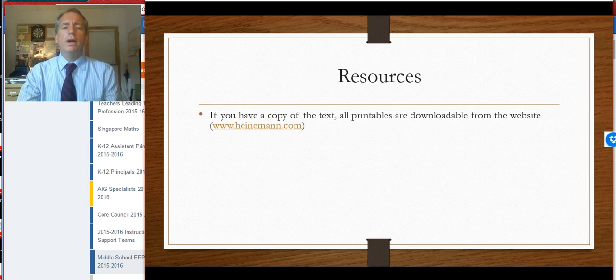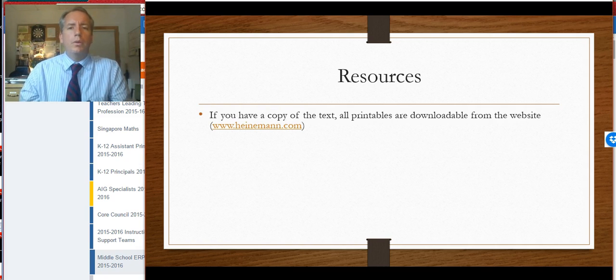There are a variety of resources. So when you decide on a book, you will get a login code through Heinemann, and that login code will give you access to all the printables within the book. So anything that we'll share as we go through this, you will see that you have access to download those from their website, but you do need the access code in order to do that.